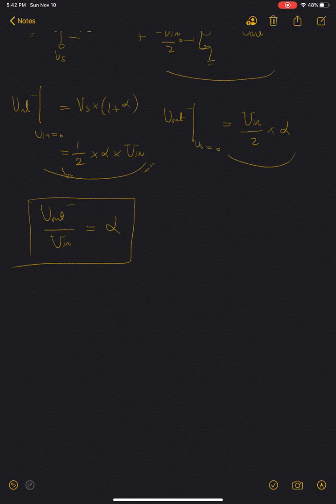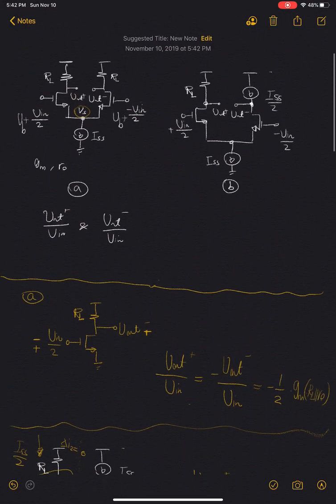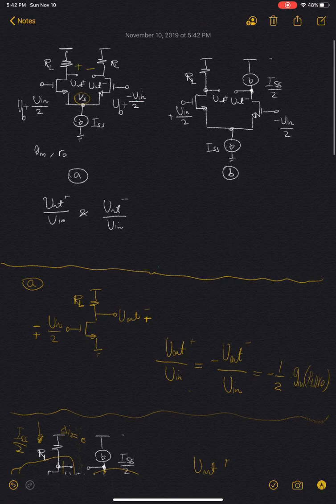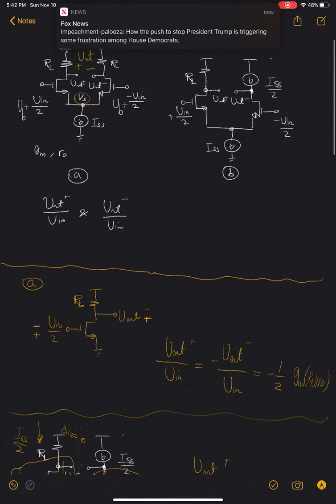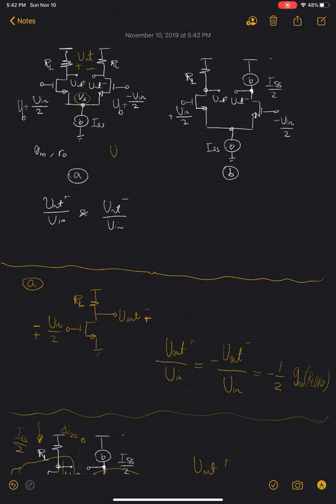So basically, if we look at the total gain of these two amplifiers, V out divided by V in for this guy is GM RL, and for this guy, as you might guess, or obvious by now, is GM R out.